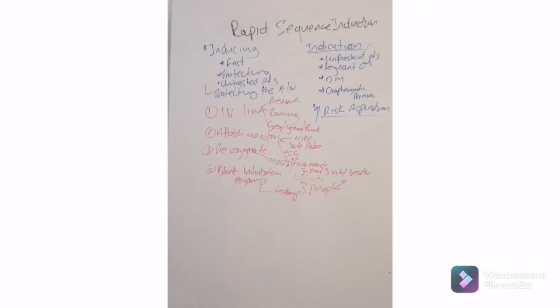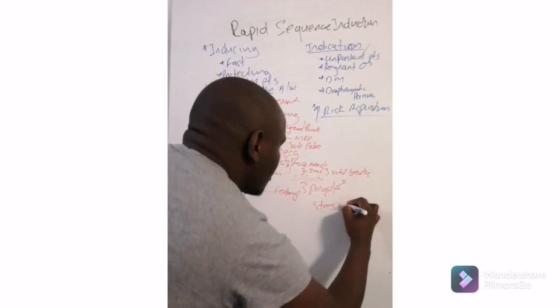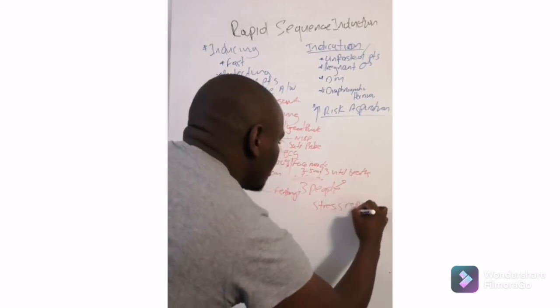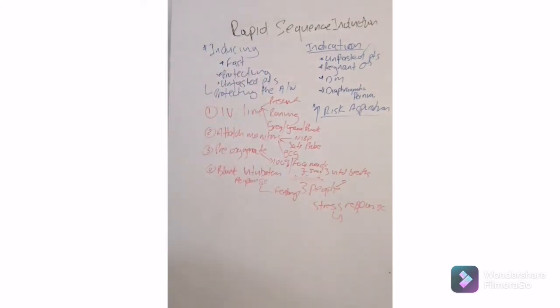What is the intubation response? It's a stress response that a patient gets, and when they get that stress response from the intubation, they tend to release a lot of catecholamines, norepinephrine or adrenaline.